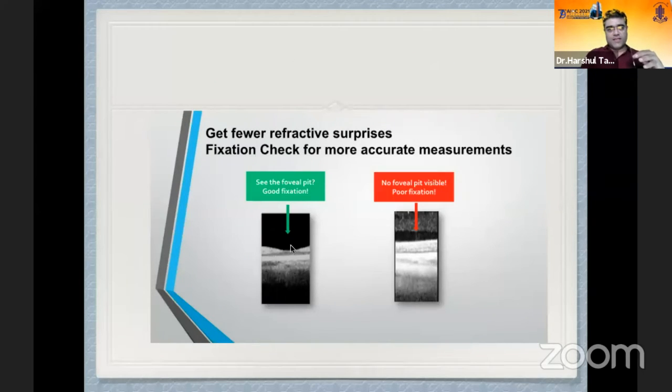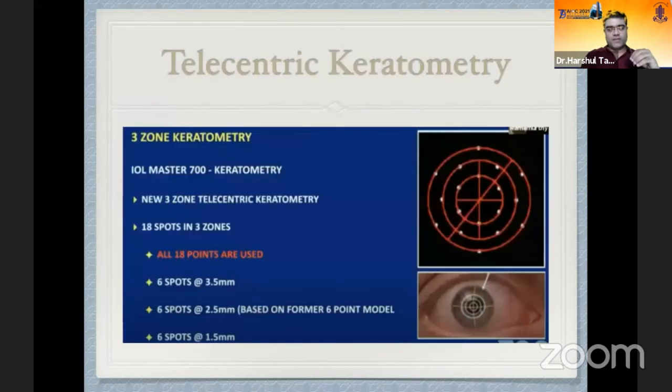So here we can check the foveal pit. It means the patient has good fixation, and if we don't see any foveal pit, it means the patient has poor fixation. This telecentric keratometry is distance independent. There are 18 spots in the 3 zones, at 1.5, 2.5 and 3.5 millimeters.